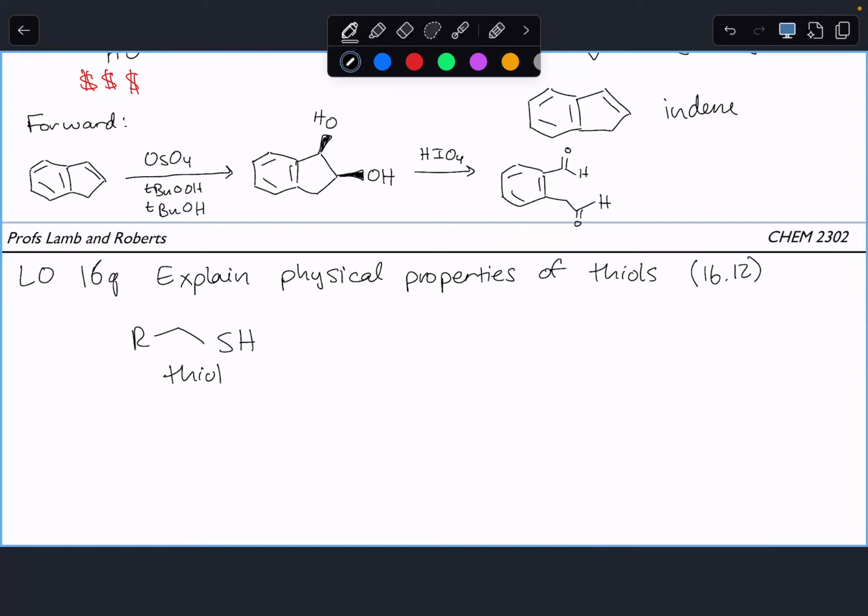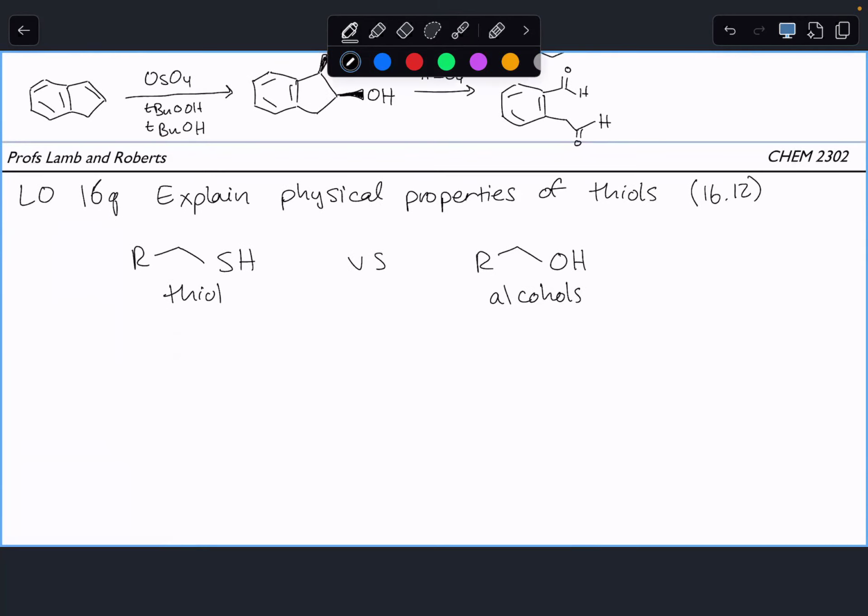So it has an SH instead of an OH, versus our alcohols. This whole chapter has been about alcohols, so we're just going to compare them a little bit to give you an idea. A couple of important differences between thiols and alcohols. For thiols, there is less or no hydrogen bonding.